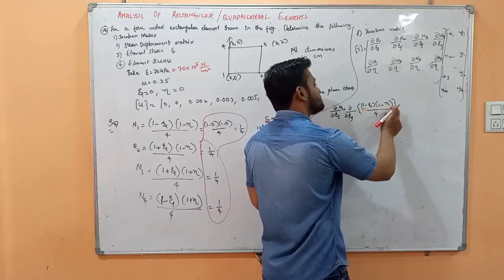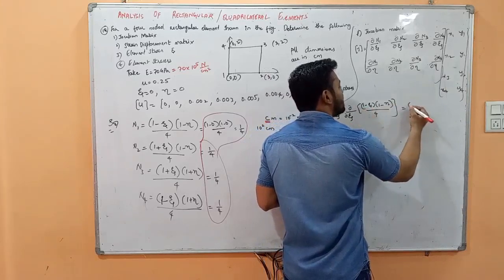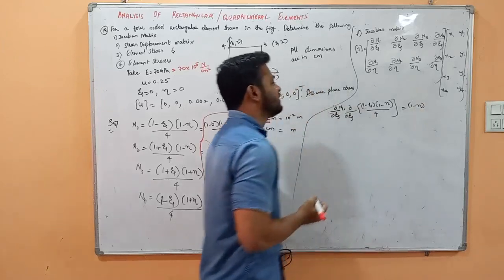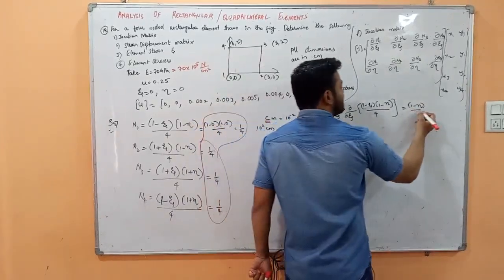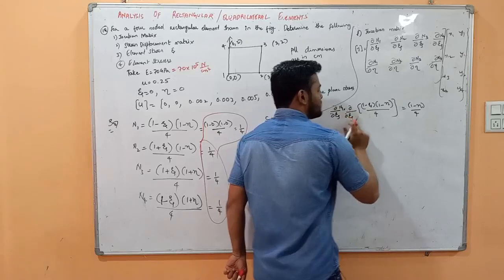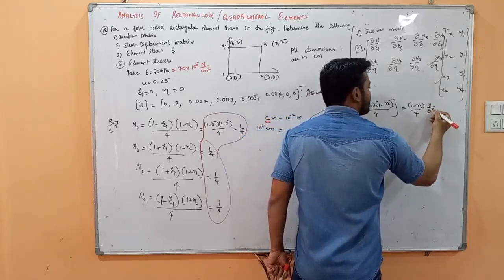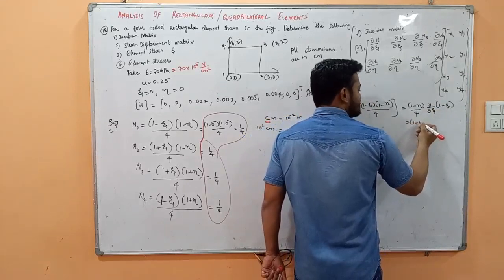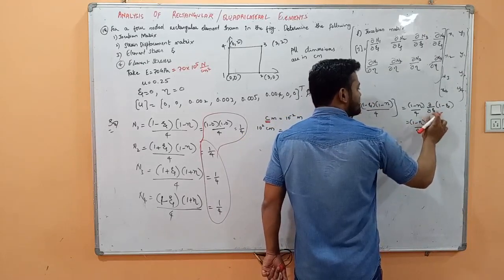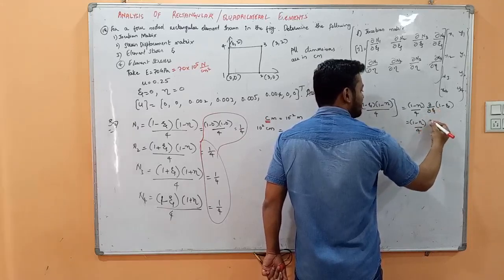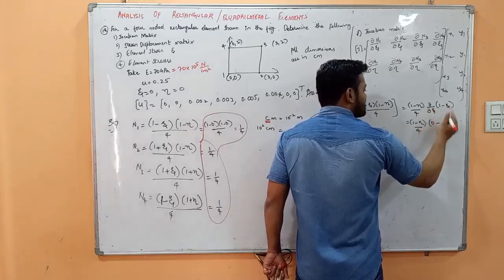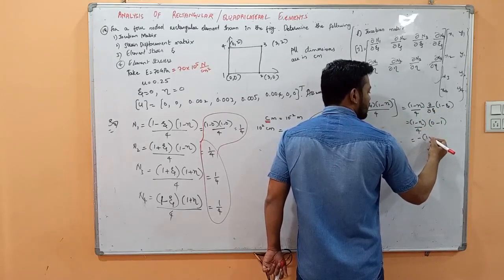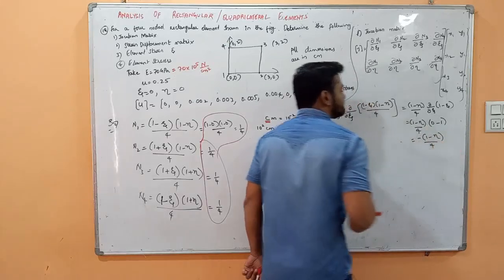So I have taken (1 minus eta) by 4 outside the differentiation, and ∂/∂xi of (1 minus xi). Differentiation of 1 is 0 and ∂/∂xi of xi is 1. So this is minus into (1 minus eta) by 4.